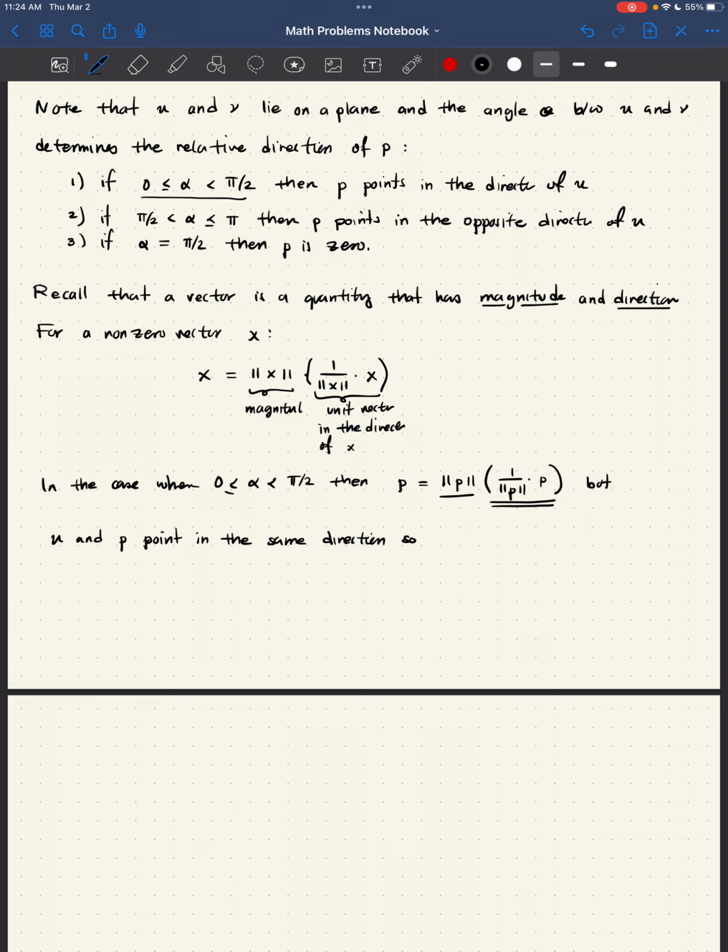So that means that the unit vector in the direction of U is the same as the unit vector in the direction of P.